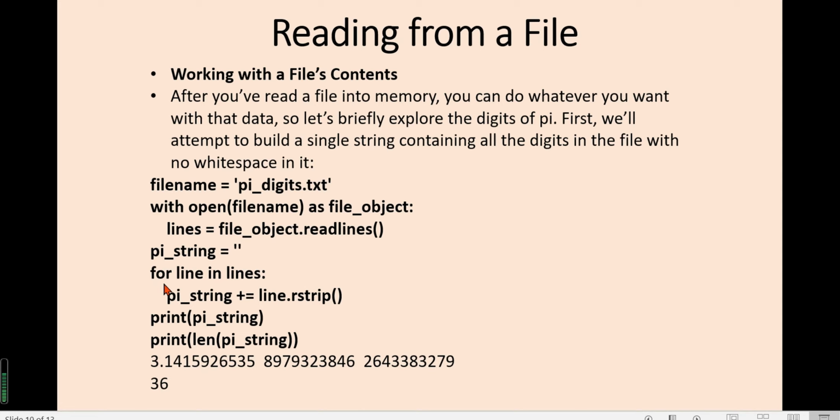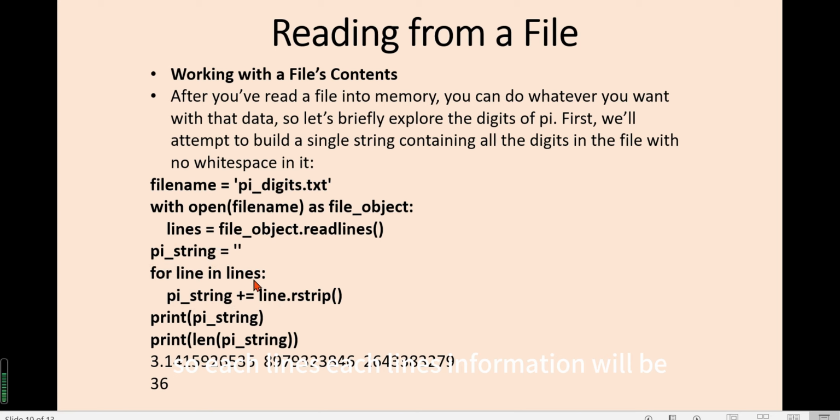Then we use a for loop over this list called lines. For each line in these lines, we use rstrip, then assign it to the pi string.